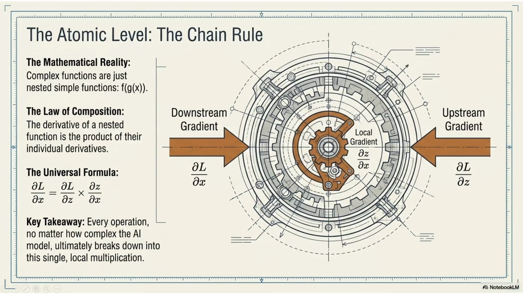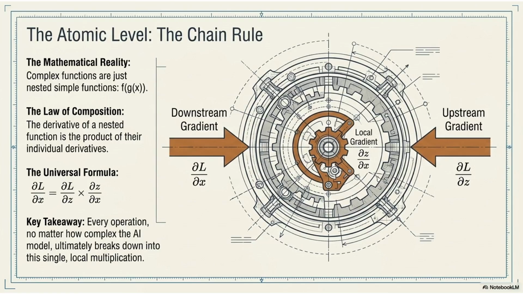So the chain rule. It's the engine that runs on a single atomic mathematical reality. Complex functions are really just nested simple functions. Because of this, we can rely on the law of composition, which tells us that the derivative of a nested function is just the product of their individual derivatives.